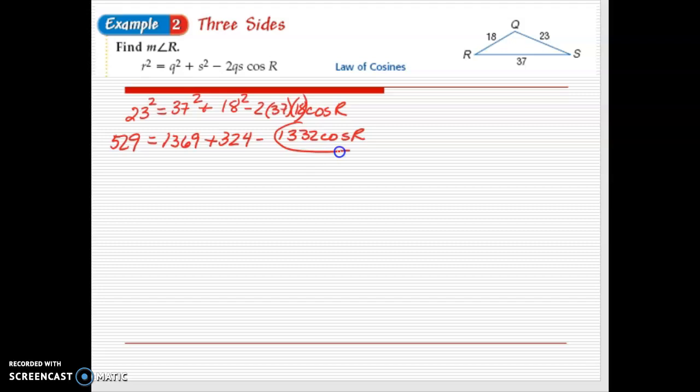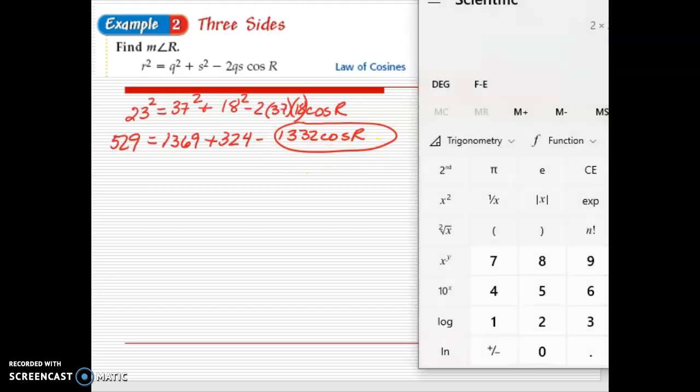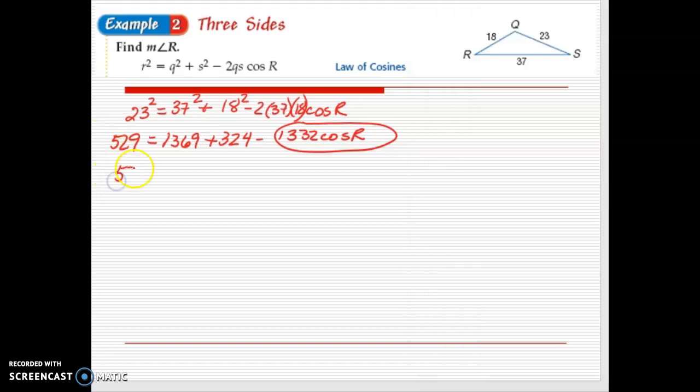Now this has to stay together. You cannot take that 1332 off. Only thing you've got that are like terms here are the 529, 1369, and 324. That has to stay together. So I've got 1369 plus 324 gives me 1693. So I've got 529 equals 1693 minus this thing that's all together.